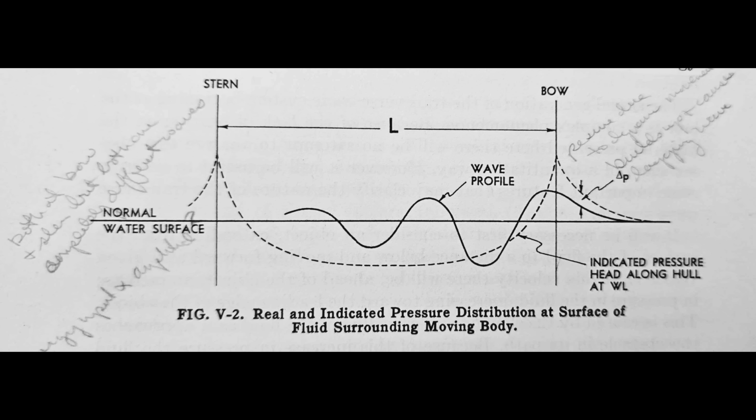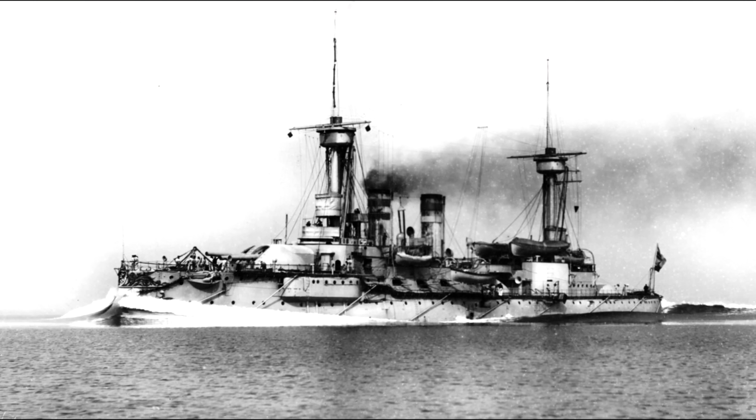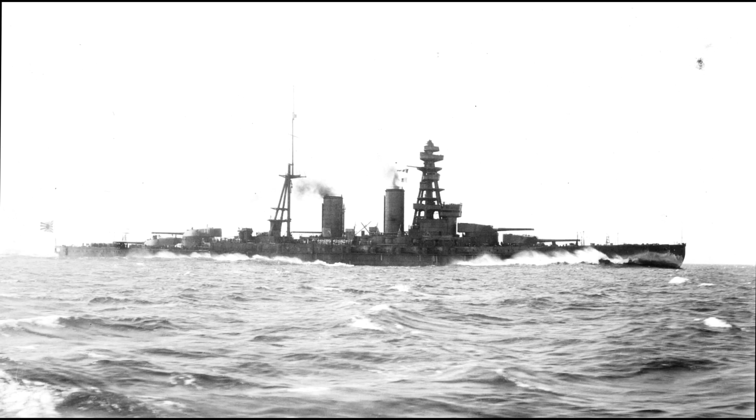In any case, it says the relationship between the length of the wave, the velocity of the wave, etc., can be expressed as L, that's the wavelength, is equal to 0.557 v squared, where L is the length in feet and v is the absolute velocity in knots.